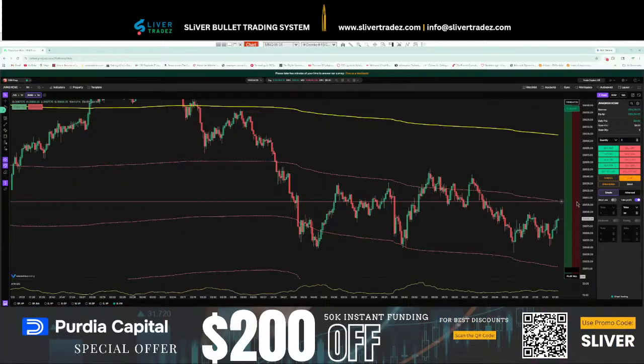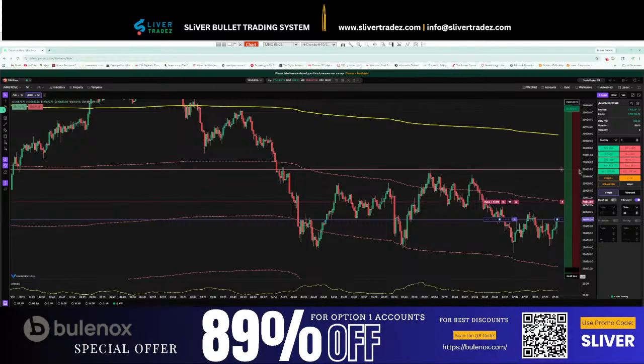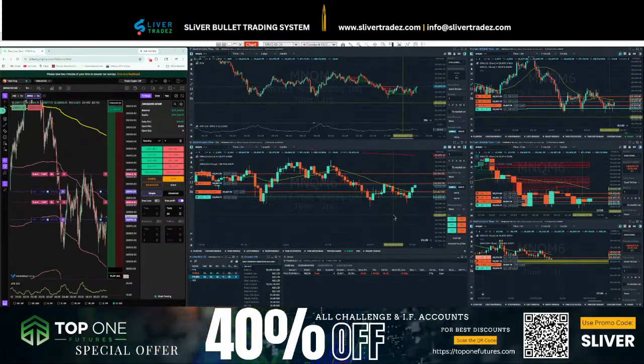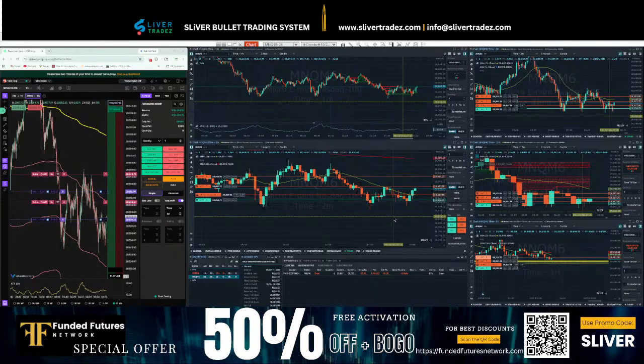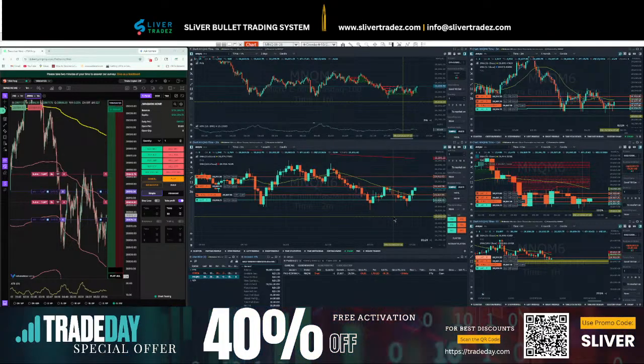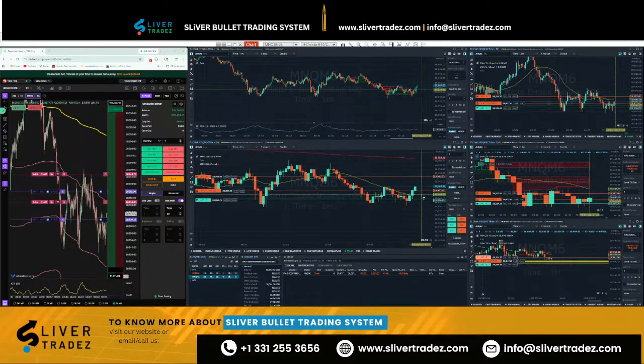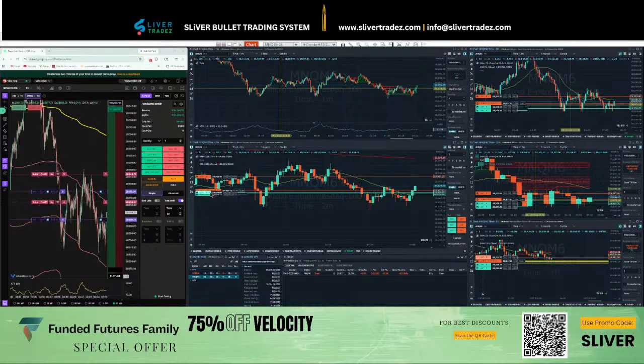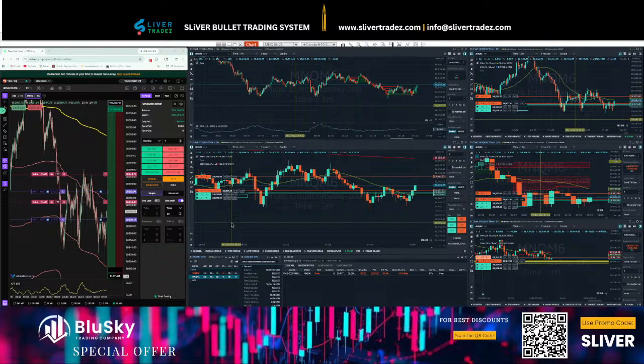I haven't placed any trades here, so I will place one trade here. Right, second contract got added. So the market is tending to grab liquidity from the top.